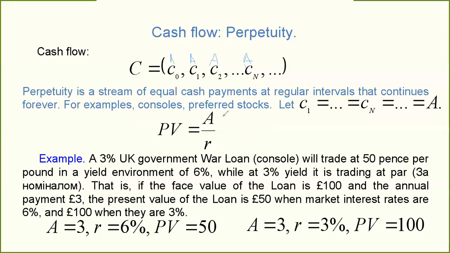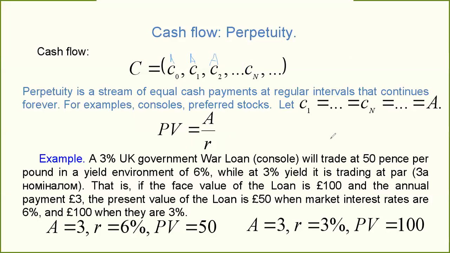What do we want? We would like to find the present value. So what is present value? It is the initial investment. What can be the initial investment which allows this series?